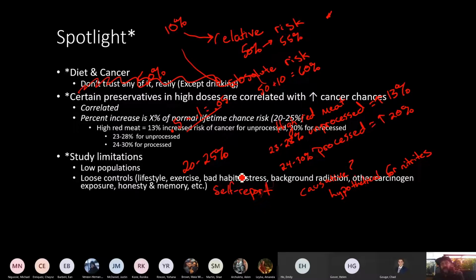Also, when people have bad habits, like smoking or drinking, it's your instinct, because those are considered bad habits, to underreport them. So people will fudge these things to a certain degree, and scientists have to try and take that into account as well.